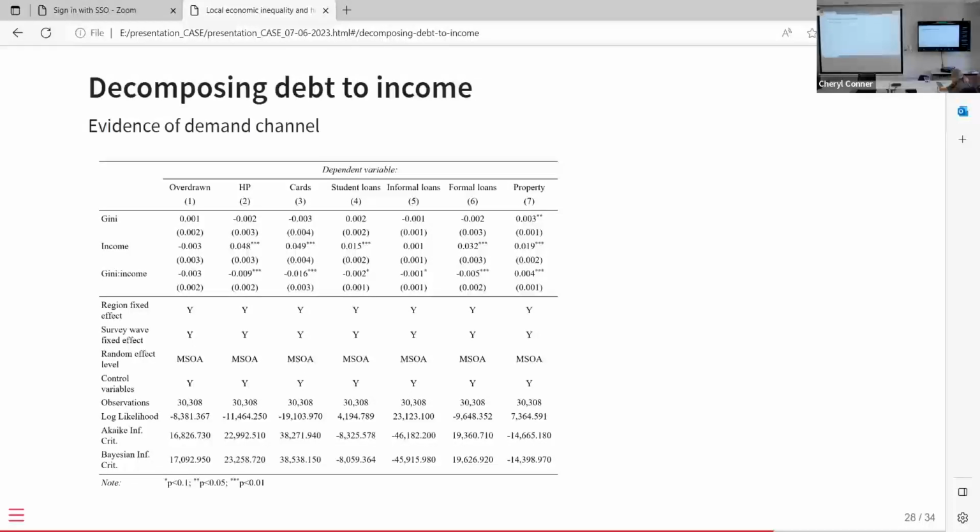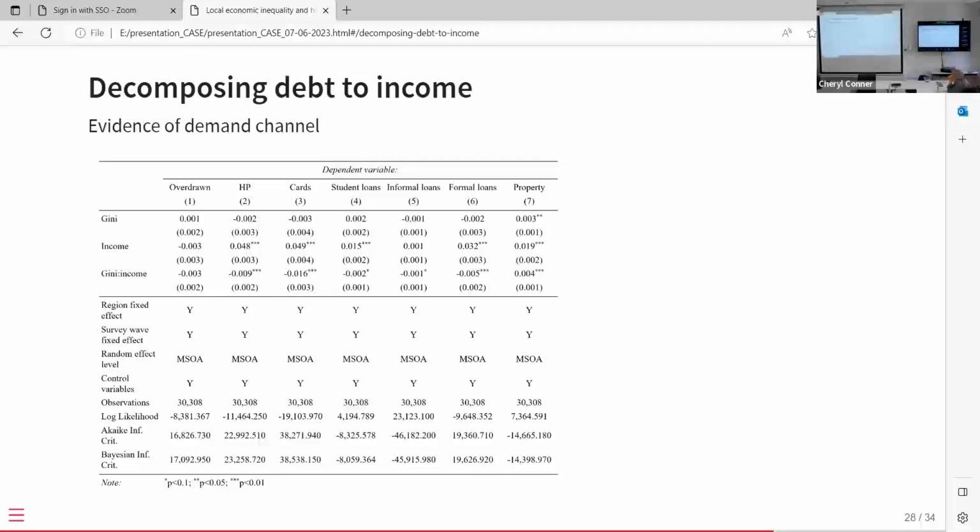This is for whether you have some debt or no debt, the binary outcome measure. Same results for the other dependent variables. Basically we see the interaction is nothing for overdrawn, but for hire purchase, credit cards, and formal loans, there's a negative and significant coefficient on the interaction term, though some of these are only significant at the 10% level.